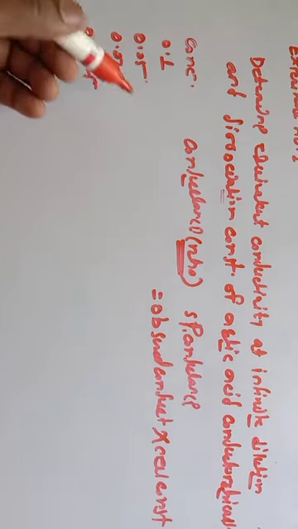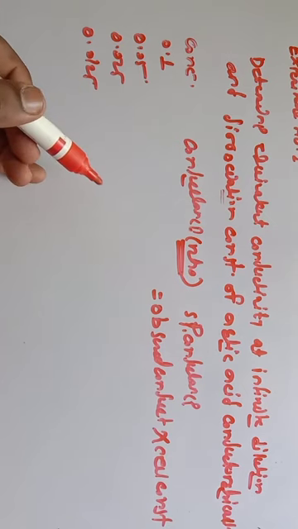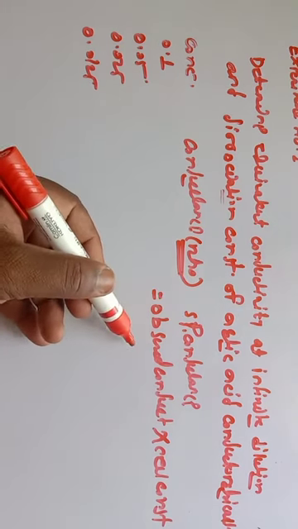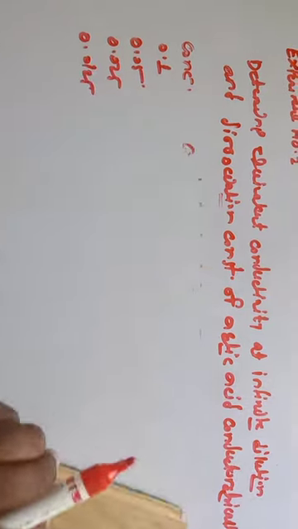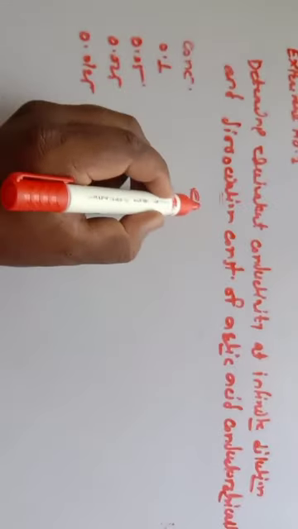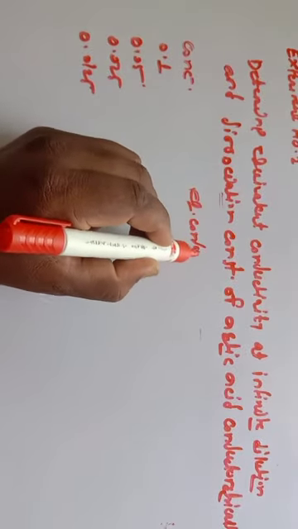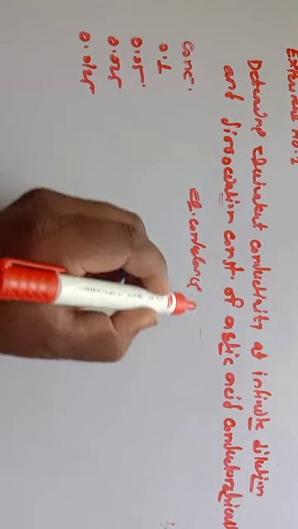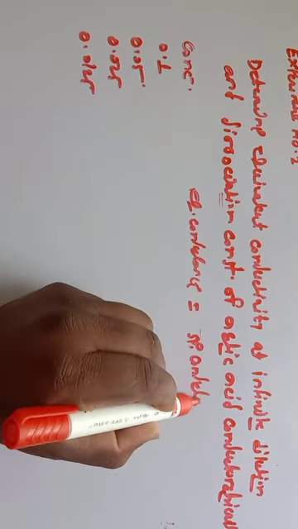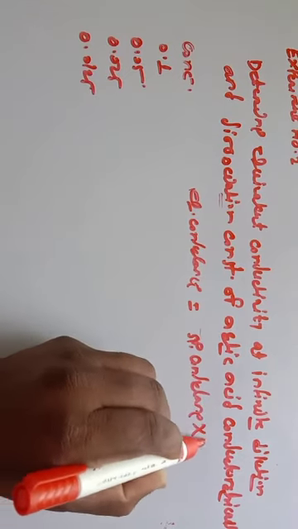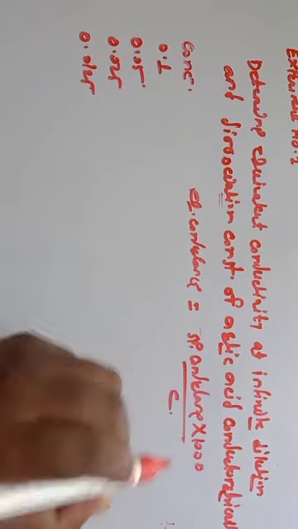So first you have to measure the conductance by conductometry, then find out the specific conductance, that is observed conductance into cell constant, and then the third one, the equivalent conductance. The third important part of this observation table is the equivalent conductance, and we can easily find it with this formula: specific conductance into 1000 divided by concentration.